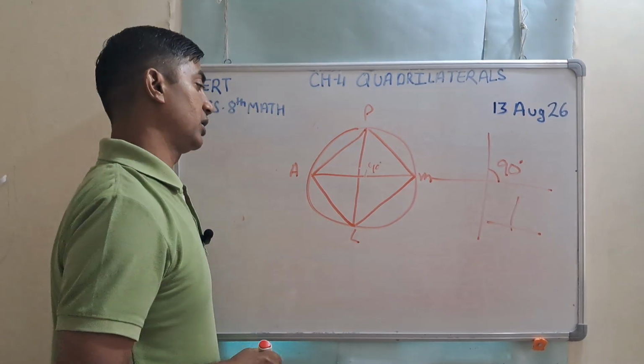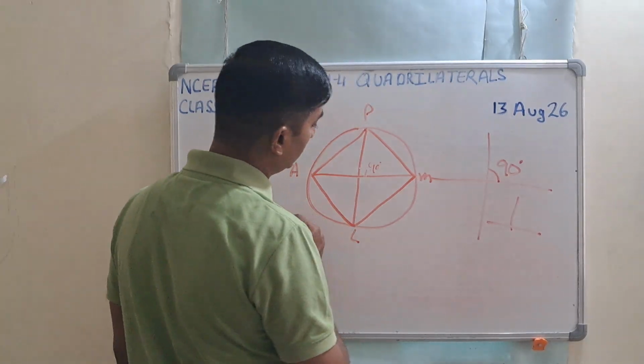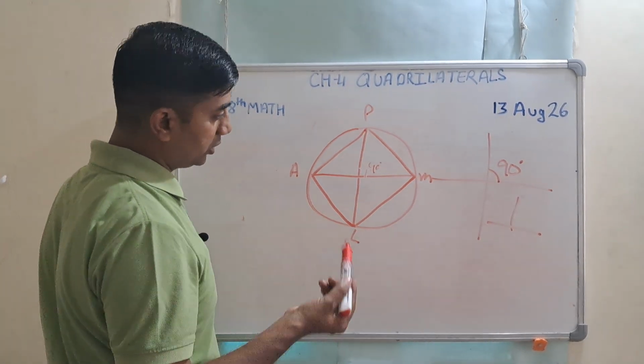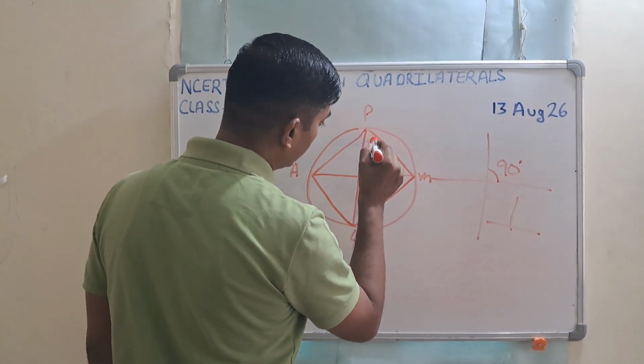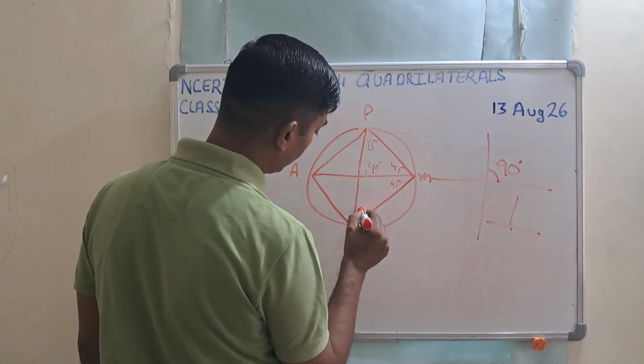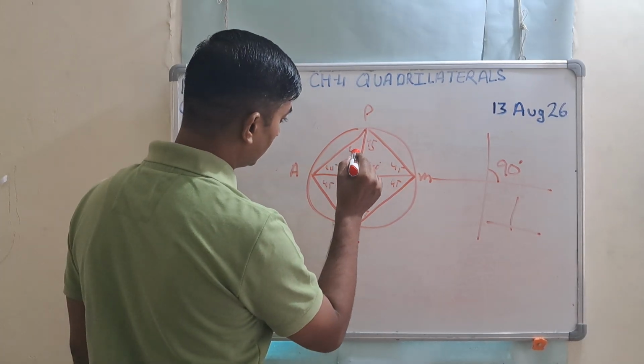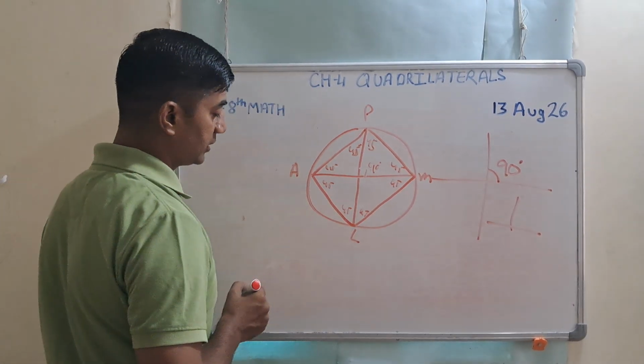Understood? When you find out this angle, you are able to find out all other angles, in which you will come to know that this is 45, this is 45, and so on. Understood?